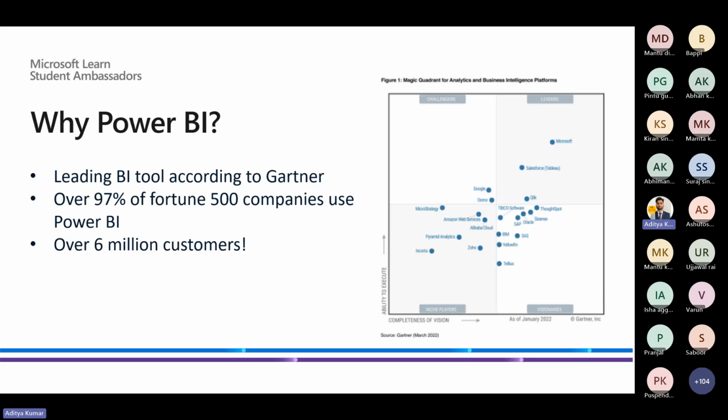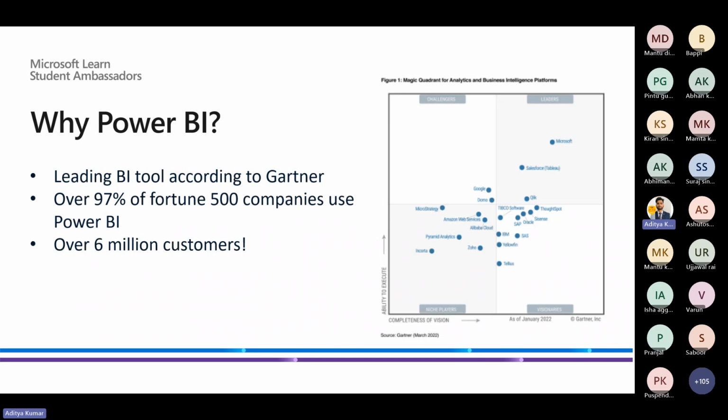So why am I talking about Power BI? Because Power BI is a leading tool across the other tools as well. Apart from this, you can go for Tableau and all. Tableau is one of the tools which is the same as Power BI. What differentiates Power BI is that lots of companies depend on Power BI to visualize their data in day-to-day life.